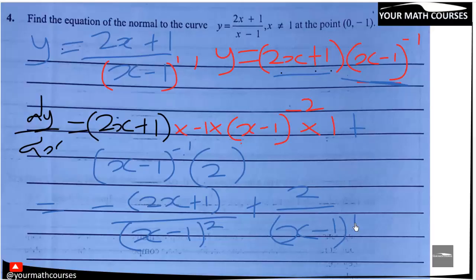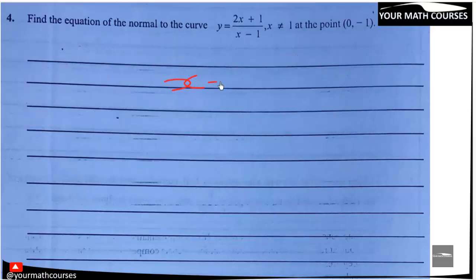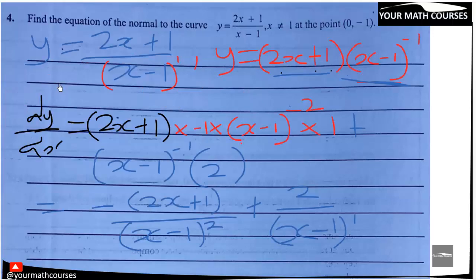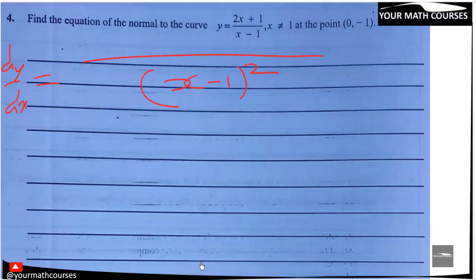So I find the LCM here. So the LCM will be x minus 1 all squared. So dy dx is equal to whatever is here. So this goes into the LCM once. So we multiply 1 by what is here. That will give us -2x plus 1.